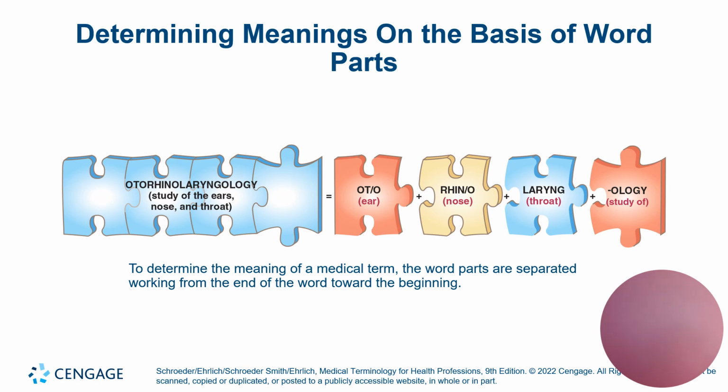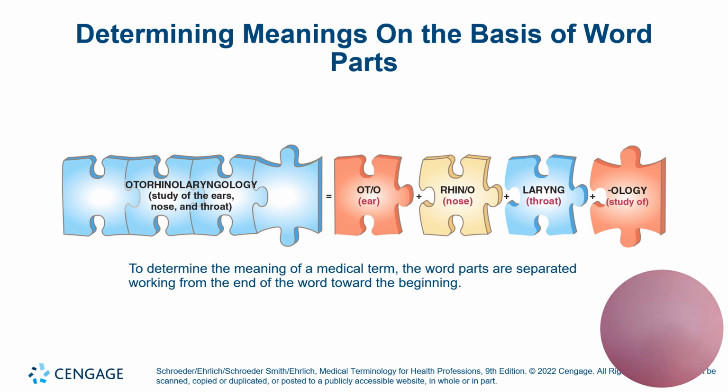The word root larynge is talking about the larynx or the throat. That combining vowel is not used here because that word root is joining a suffix that begins with a vowel. The combining form rhine with O means nose. So whenever we have RHIN, we're talking about the nose.